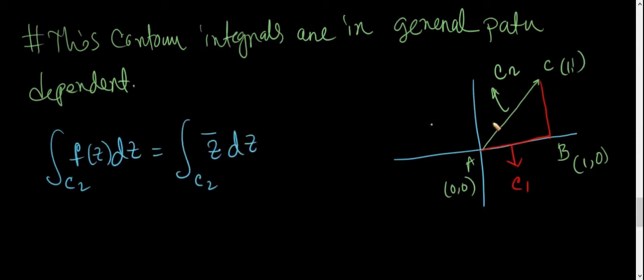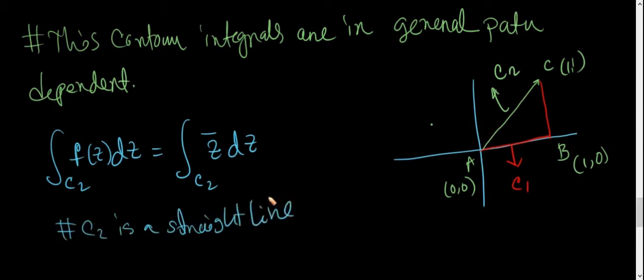However, now you can see that x and y are related somehow, and since C2 is a straight line, in this straight line x and y are related with each other through the equation y equals mx plus c.